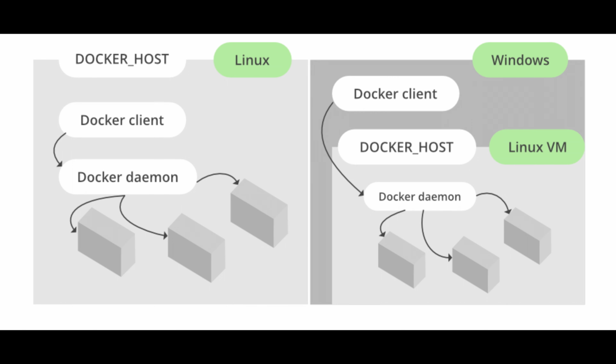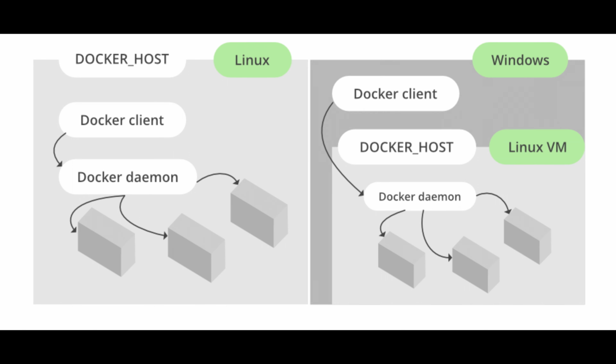So here in this image you can see clearly, when we start installation of Docker on Windows, the main thing is to understand this. Let us look at the left side of the image, where you can see that on a Linux operating system Docker is installed directly on the operating system.